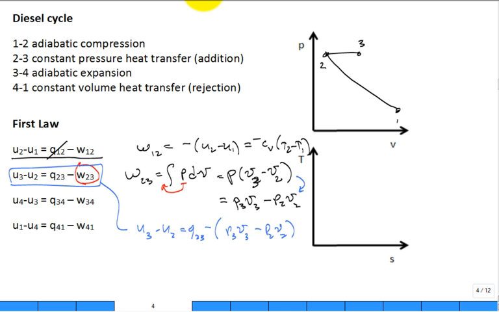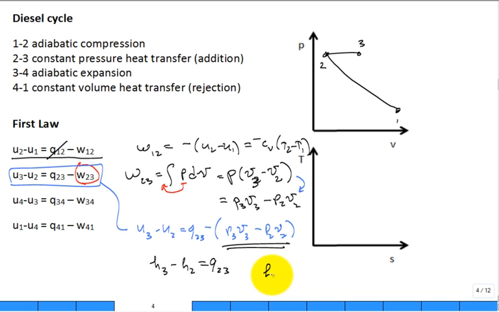What do you think they do with those pressure volume terms? Rearrange it. What side did they put it on? Put it on the other side. And when you put it on the other side, you get H3 minus H2 equal to Q2 to 3.